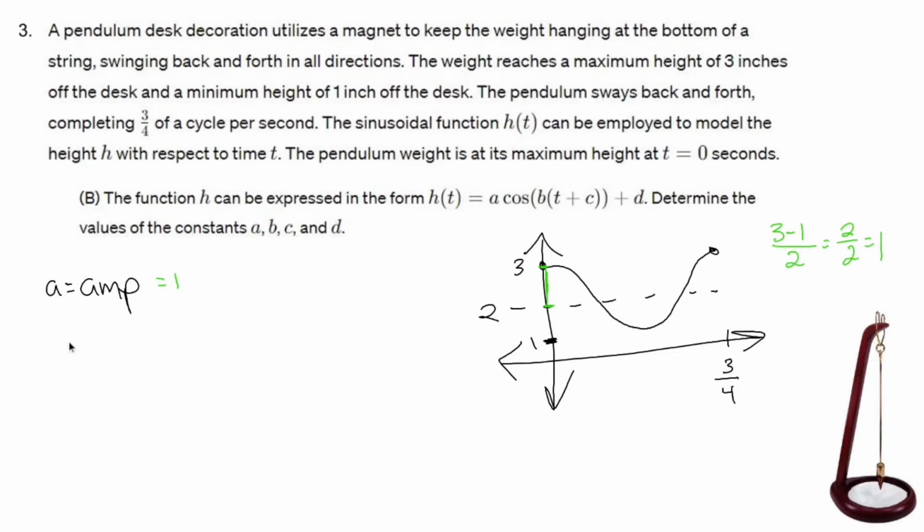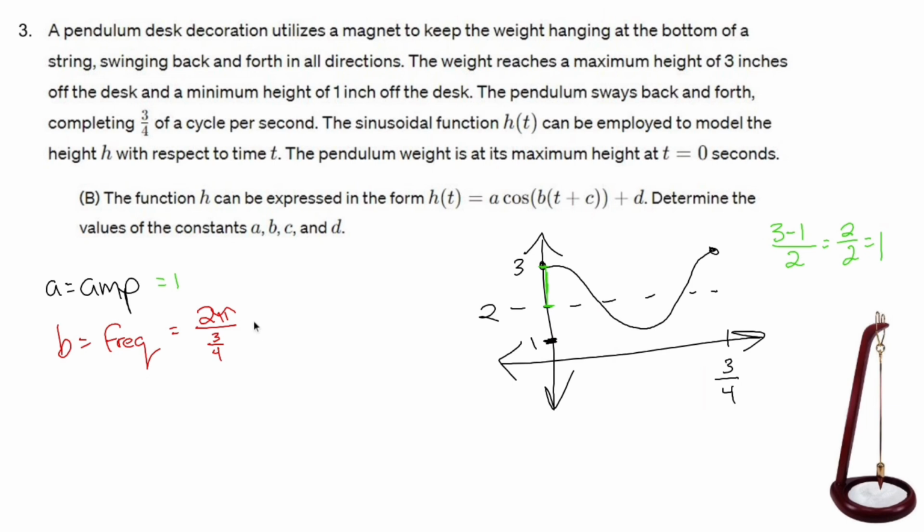B stands for the frequency. The frequency is found by taking 2 pi, because cos's period is 2 pi, and dividing it by the period that you have here, which is 3/4. So frequency is 2 pi over your period.